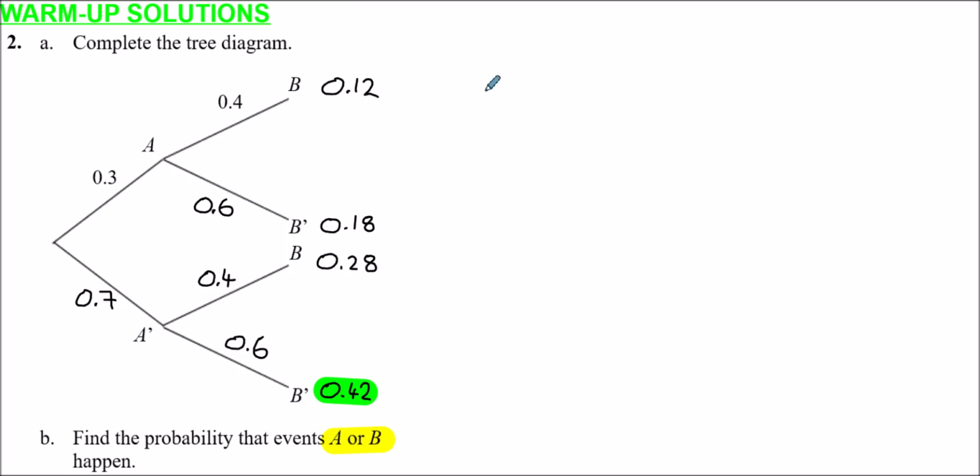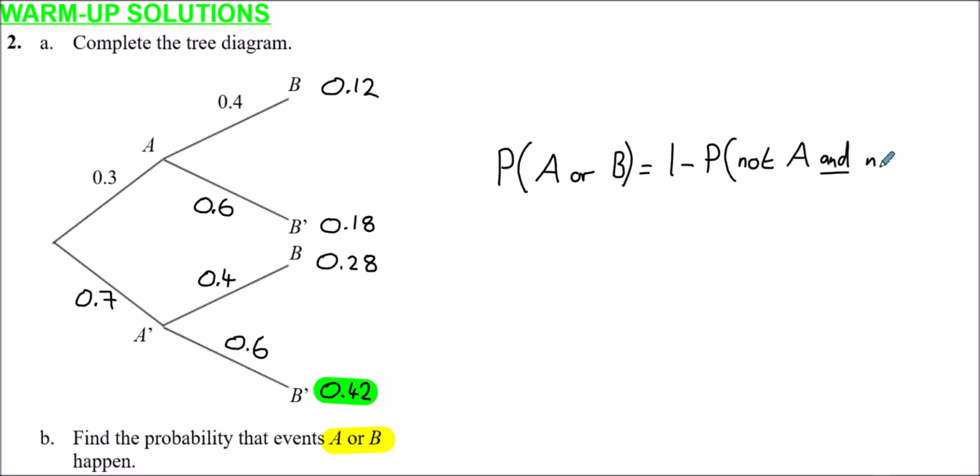And so the probability of A or B must just be 1 minus the probability of not A and not B.